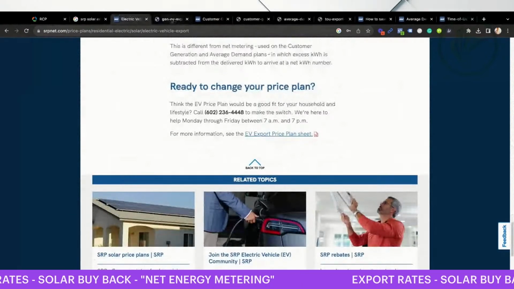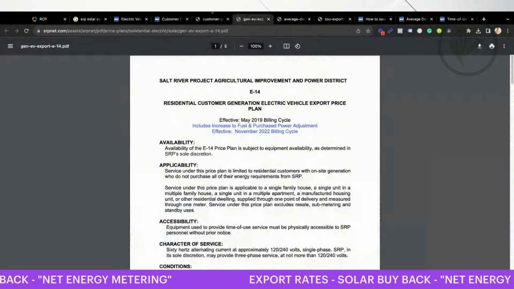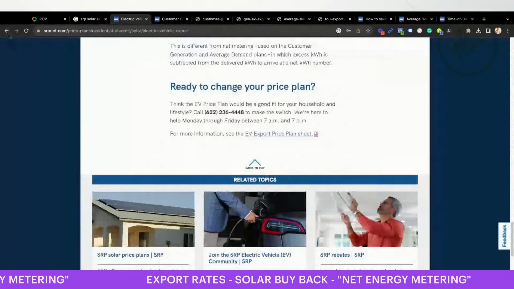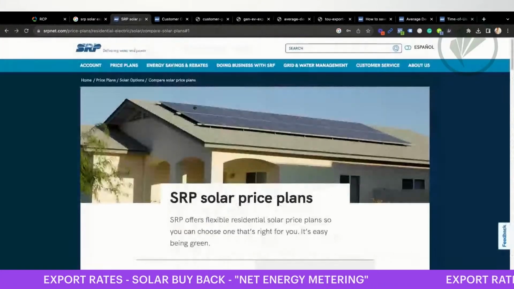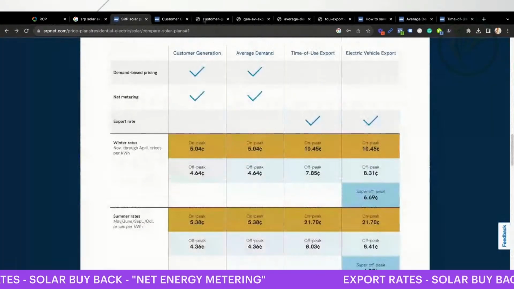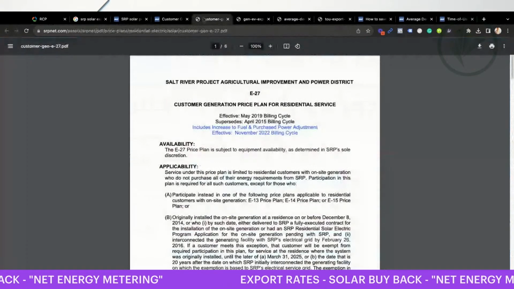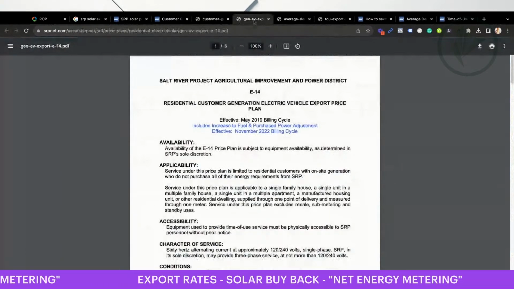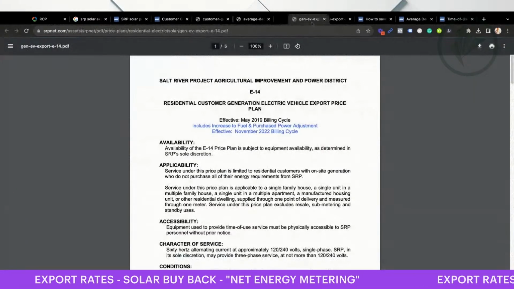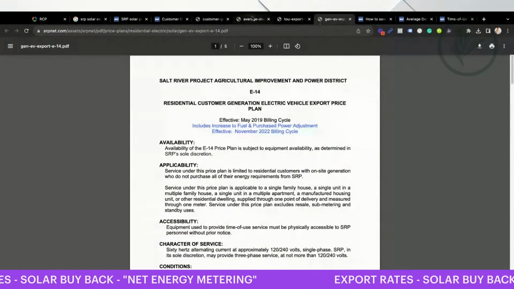Perfect. We have all of our ducks in a row. Let's put them in order because I'm a highly easily confused guy. Customer generation, customer generation. The EV plan was last. Average, time of use. Perfection.